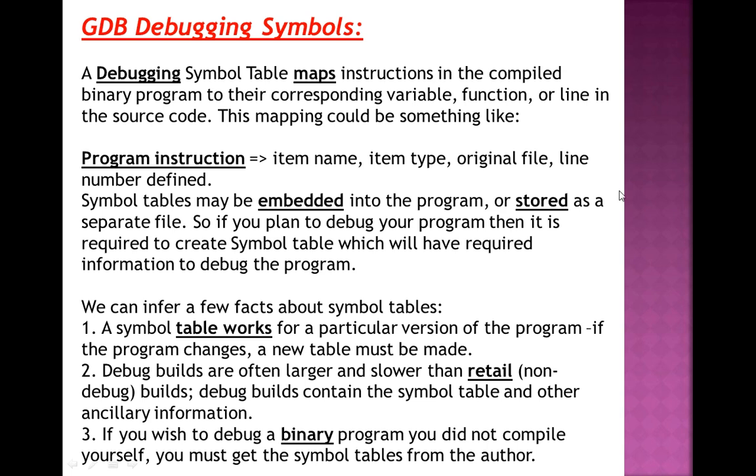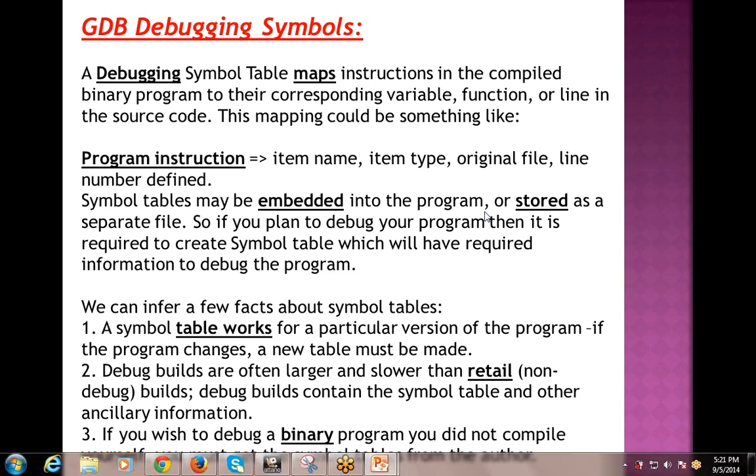Symbol tables may be embedded into the programs, or stored as a separate file for the debugging symbols. If you plan to debug your program, it is required to create a symbol table which will have the required information to debug the program.